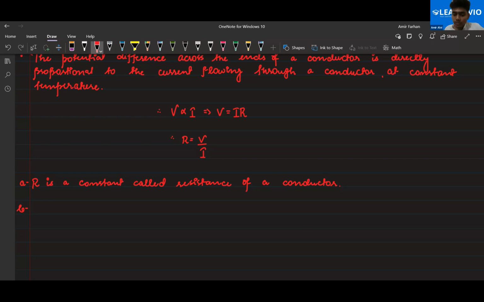Yes or no, everyone? Clear? So that's why R is called constant in the Ohm's law statement, right?